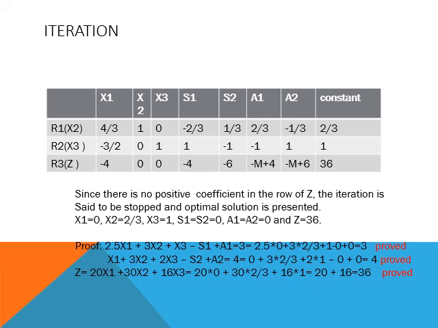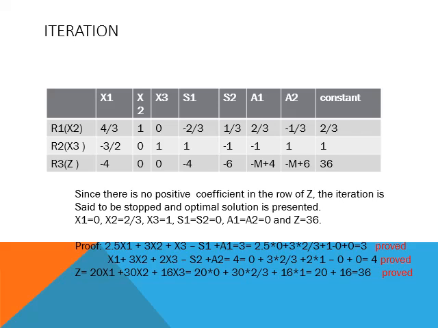Return back to our constraints, where the first constraint is 2.5 x1 plus 3 x2 plus x3 negative s1 plus a1. There is no x1, that means 2.5 times 0 plus 3 times 2 over 3 plus 1 plus 0 equals 3.